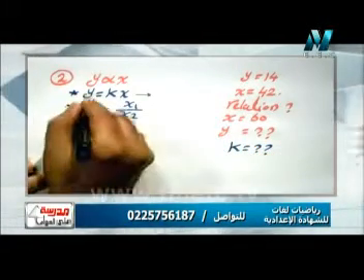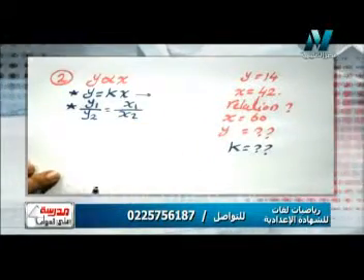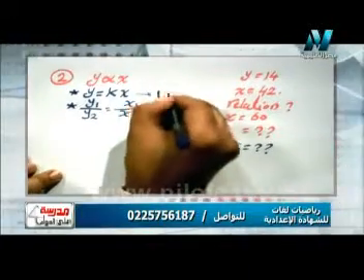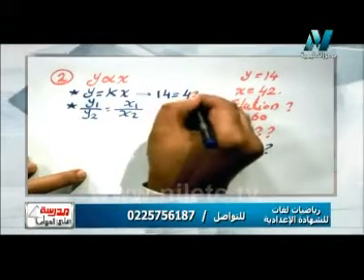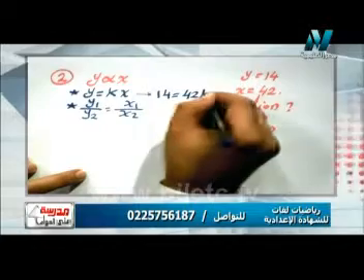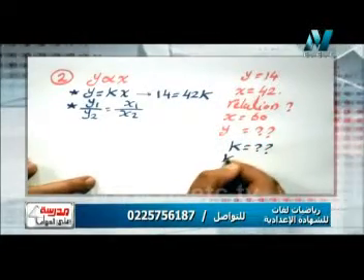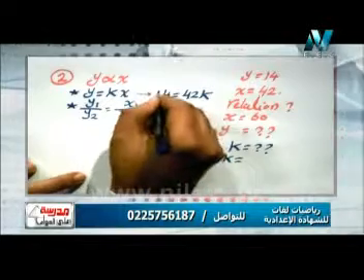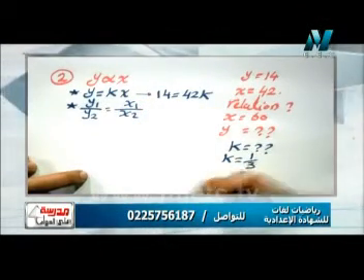Here I have y equals 14 when x equals 42. We can replace: 14 equals 42k, which means k equals 14 divided by 42. It means 1 over 3.